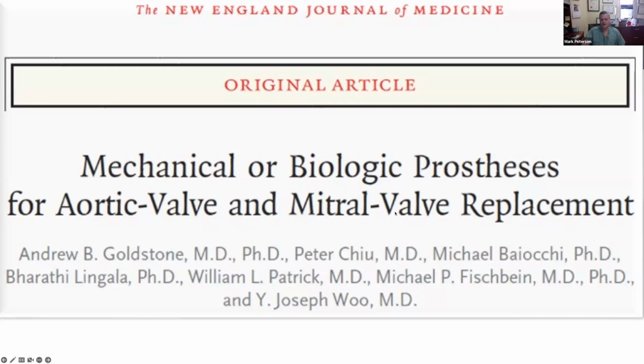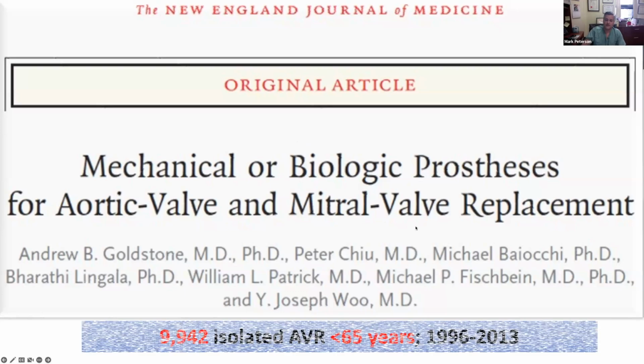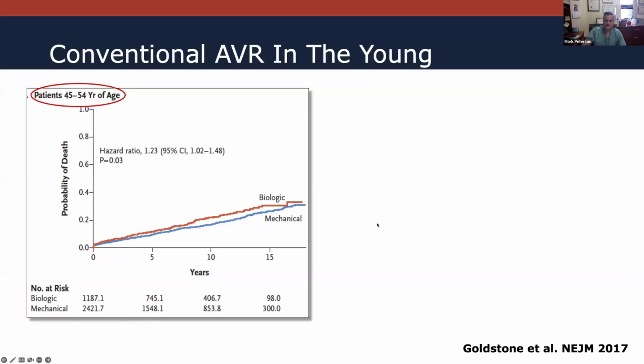This was a large study done in California based on a California database of a large amount of patients looking at the performance of mechanical or biological valves for AVR or MVR. This was in almost 10,000 patients that had isolated AVR, again, young population, less than 65.